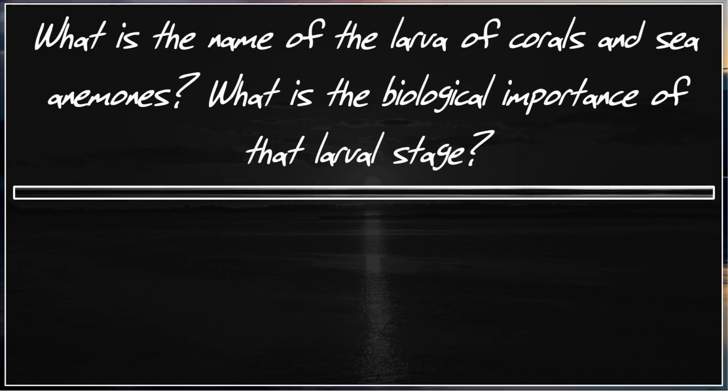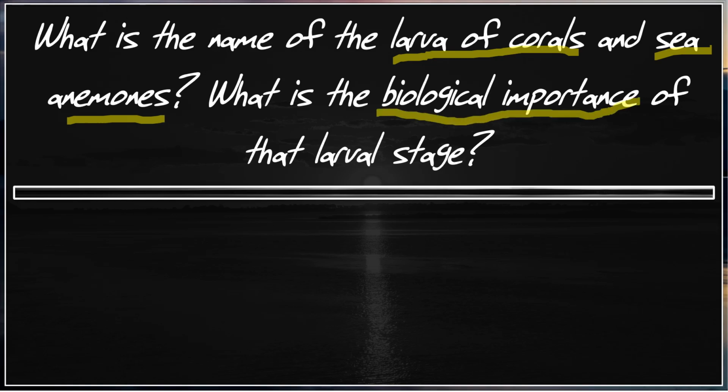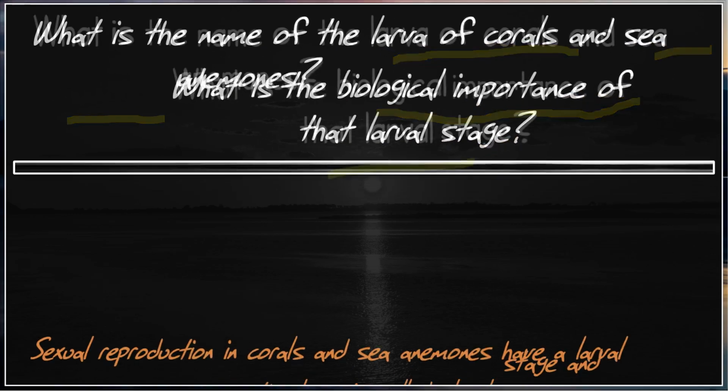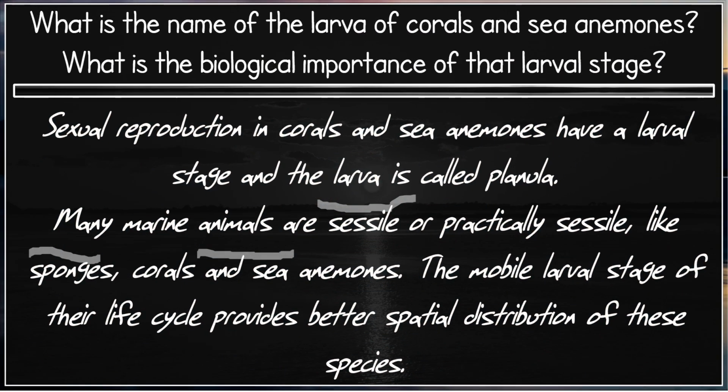What is the name of the larva of corals and sea anemones? What is the biological importance of the larva stage? Sexual reproduction in corals and sea anemones has a larva stage, and the larva is called planula.